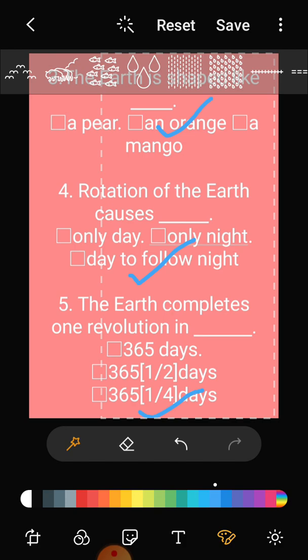The earth takes 365 1/4 days or 1 year to complete one revolution. Revolution of the earth causes changes in seasons.